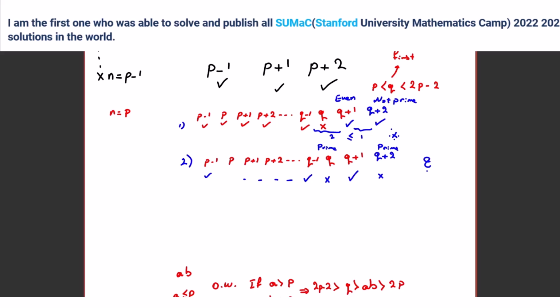Wouldn't it kind of just be the same thing, and q plus 3 is a divisor? Why is q plus 3 a divisor? Because it'll be even, and then that number will be less than q. Yes, it is even.